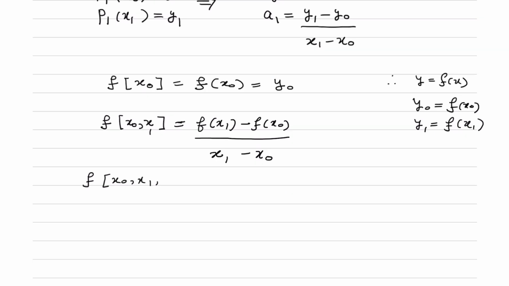The same way we can write f of x0, x1, x2. Inside the square bracket, we have three x's, so we will break them as two: f on the last two, f on the first two.